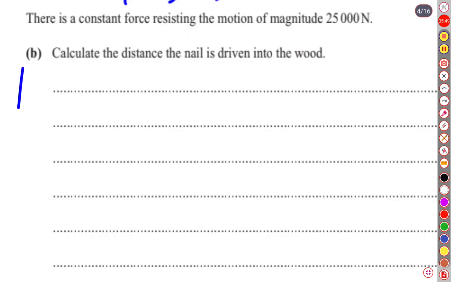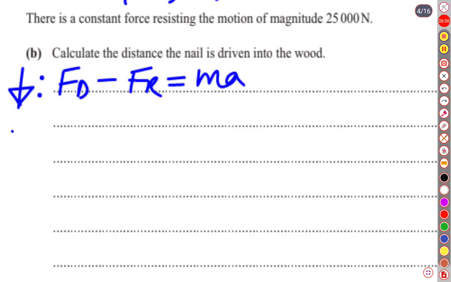As the nail is being driven downward, the Newton's law is: driving force minus resistance force is equal to mass into acceleration. We are searching for acceleration because without acceleration we cannot apply the concept of distance.